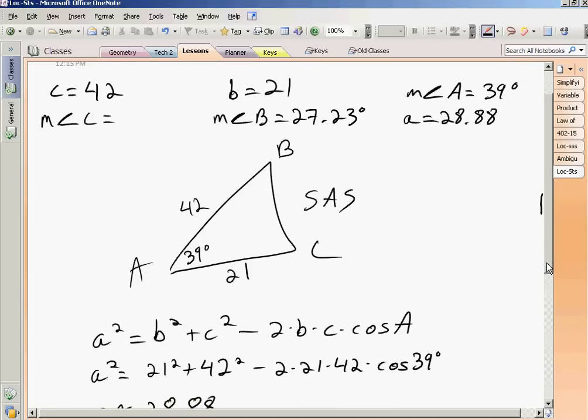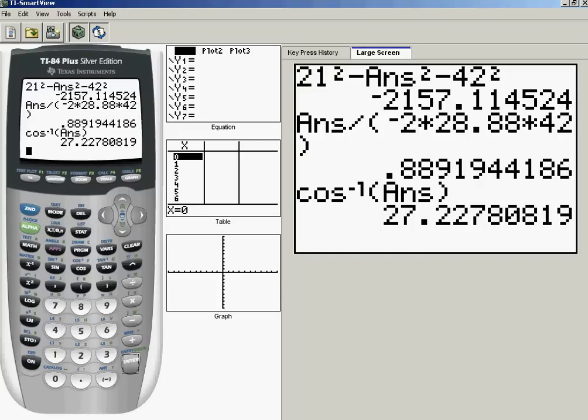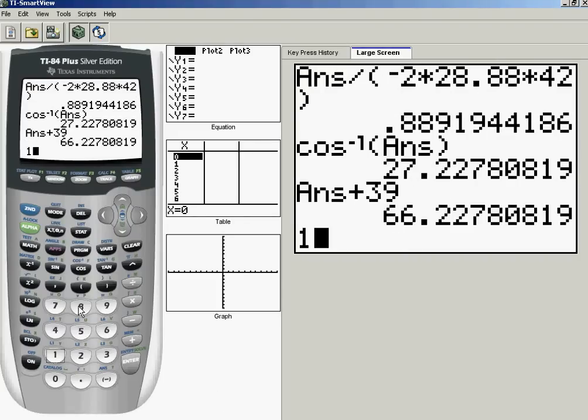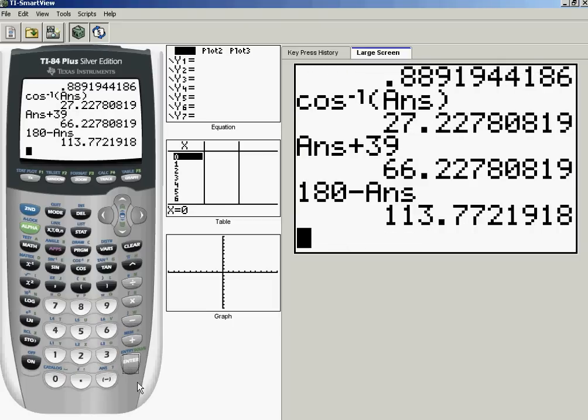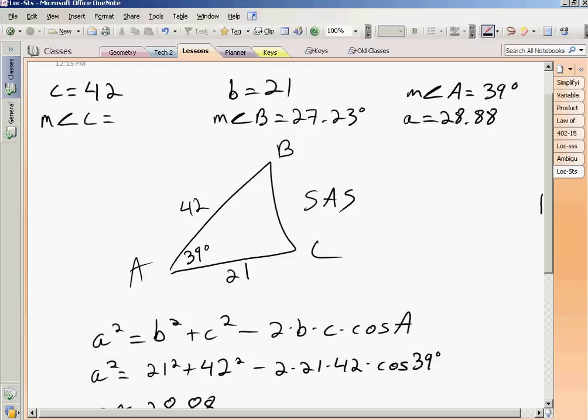Now I could evaluate angle C in the calculator using law of cosines again, or I could add them up and subtract from 180. I guess I'll add them and subtract from 180. So plus 39, 180 minus the previous answer. I get 113.77 degrees. And the triangle has been solved.